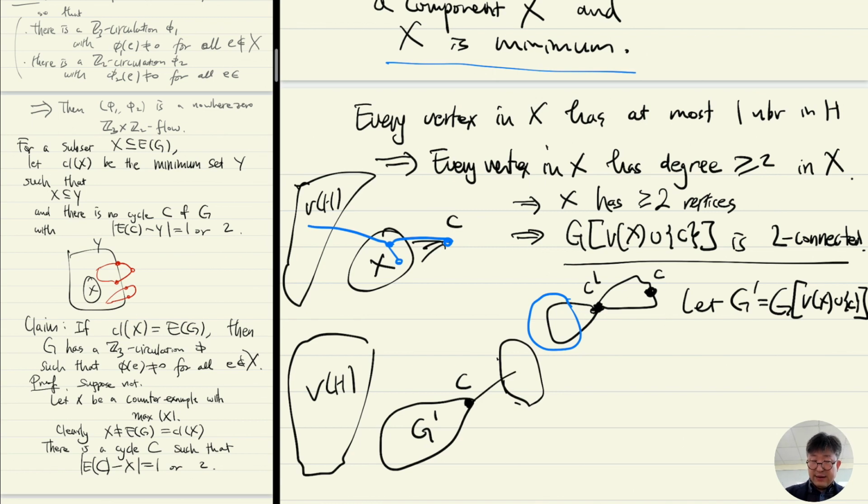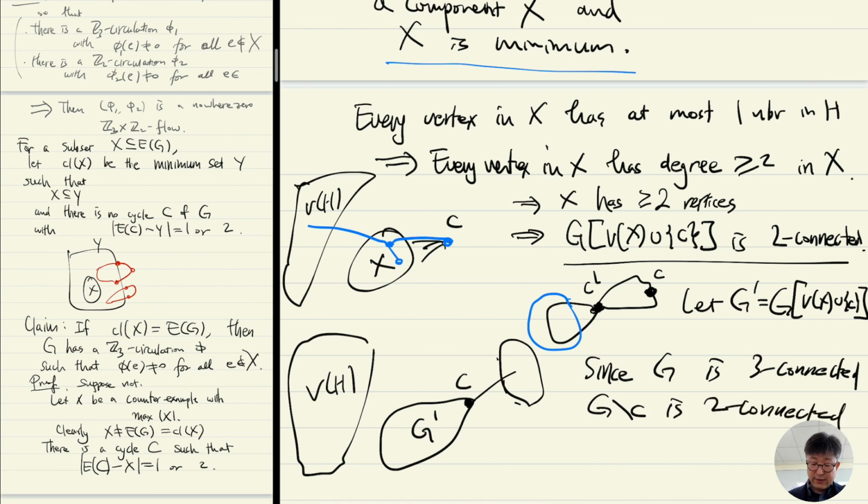All right, now we use the fact the graph is 3 connected. Since G is 3 connected, G delete C is 2 connected, right?